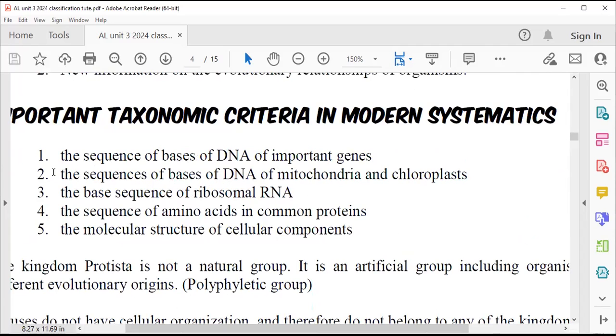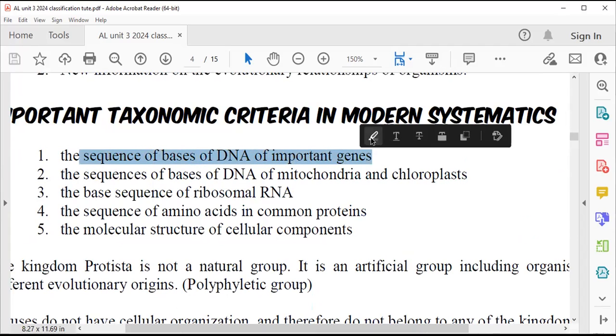Now let's try to understand this. What are the criteria they have considered? First criteria: the sequence of bases of DNA of important genes. Not all the genes, they pick certain main genes. It is not easy to determine the sequence.